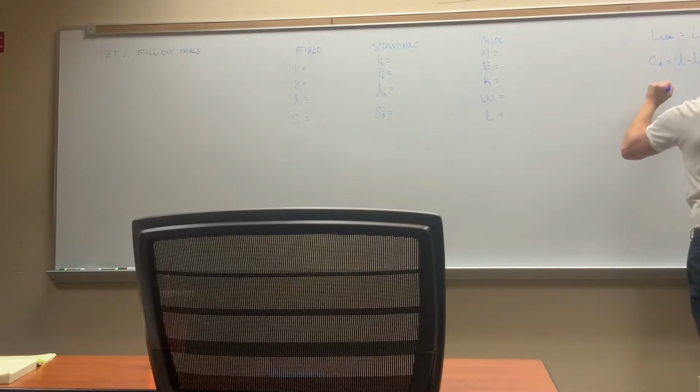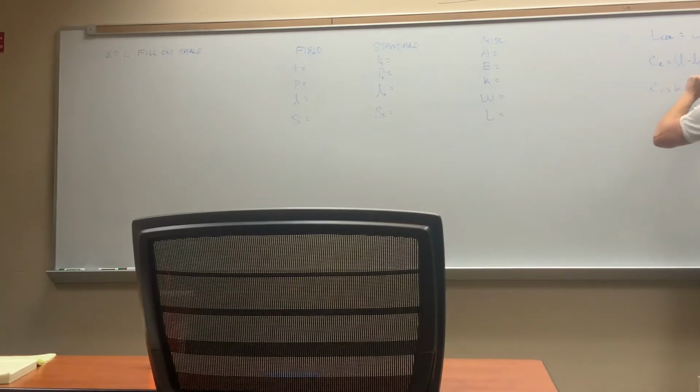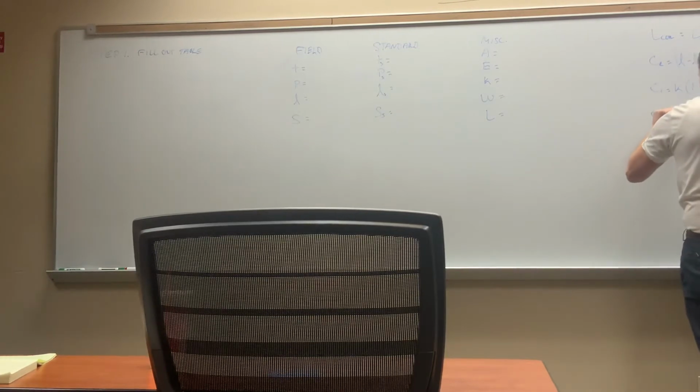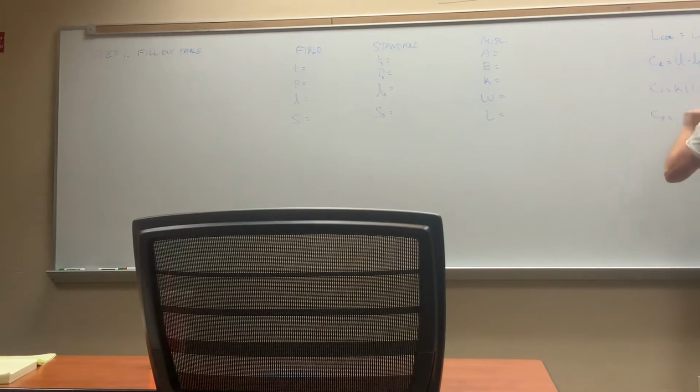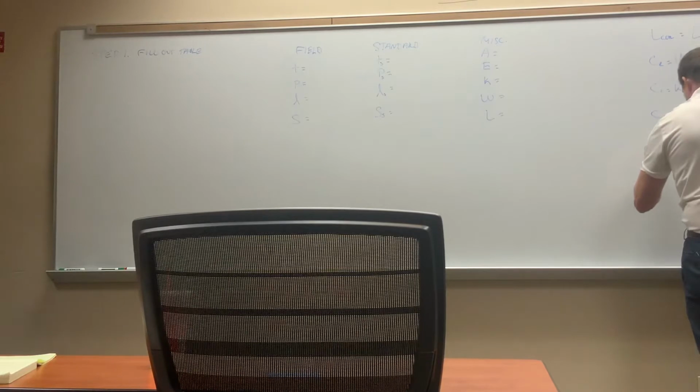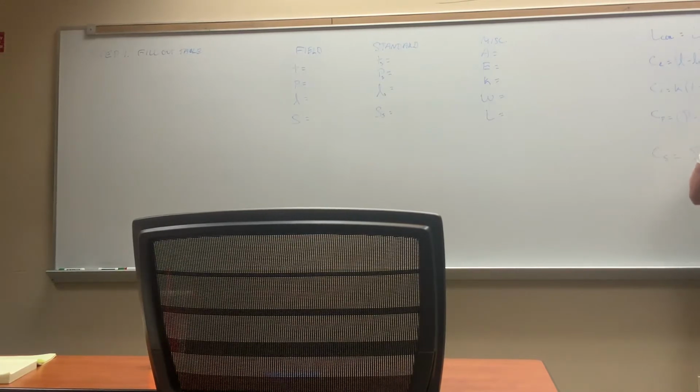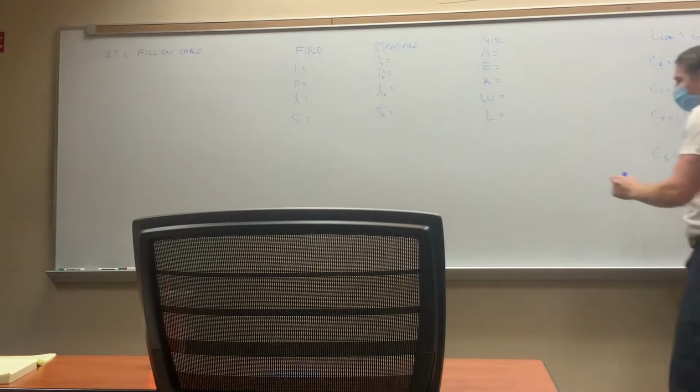The correction for temperature equals K (T minus TS) L. The correction for pressure equals (P minus PS) L over AE. And the correction for sag equals the standard sag minus the sag, W squared L over 24P squared. Oh, you also have the grade.